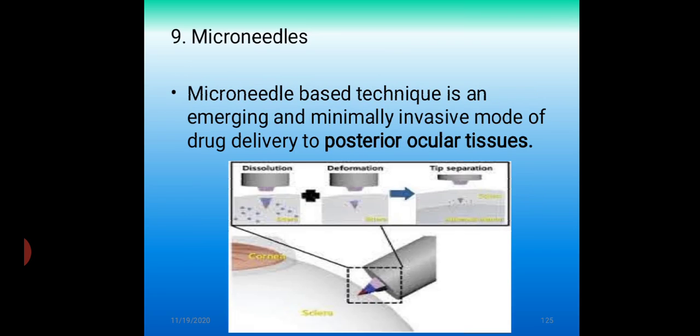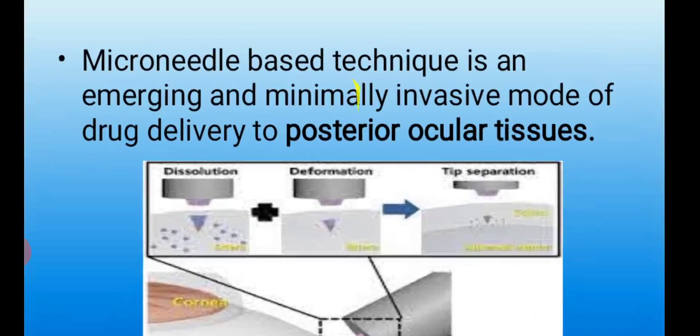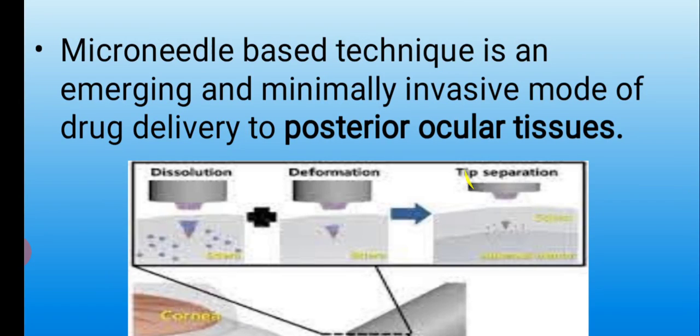The last one is the microneedles. The microneedle based technique is one of the most emerging for the delivery of drugs into the posterior cavity. These are micro range needles which carry the drug, and because of their smaller size, they can easily be administered into the site of action, and the tip will be detached from the device.